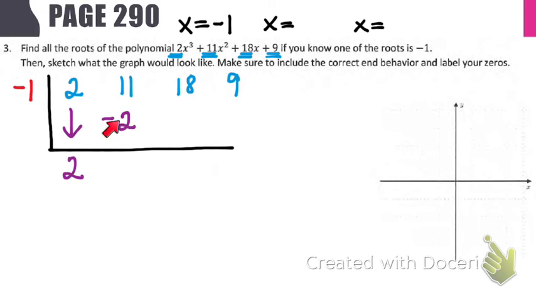So what is 11 plus -2? 9. And now you're going to repeat. Take the 9 and multiply that by -1. What is 9 times -1? -9. Take your calculator, add those together.